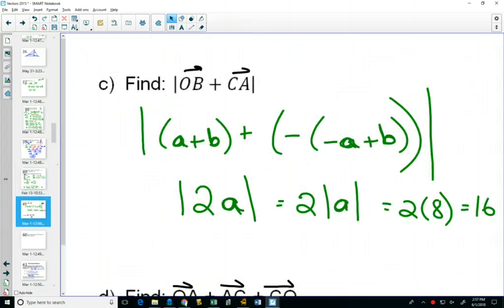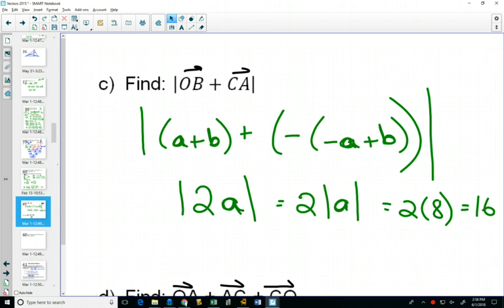Part C asked us to find the length of OB plus CA. Well, if we write out the vectors, OB we found already, that was A plus B. We found AC to be negative A plus B, so CA would be A minus B. Once you simplify that, you're going to get 2A.